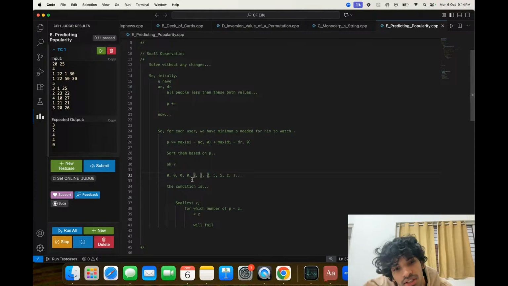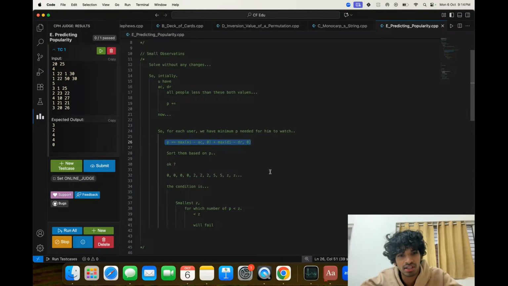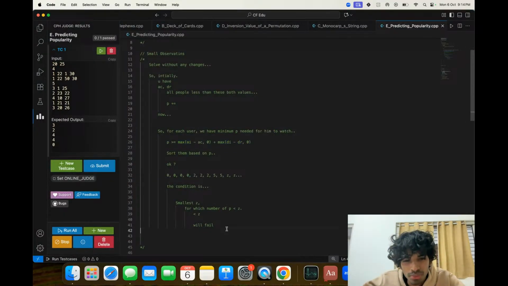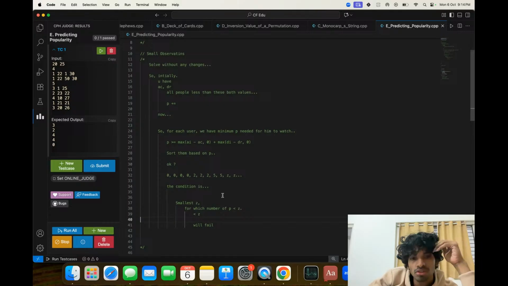Some P will be gone and then a new P will come. Okay, that's what this is. This is just nothing but some P will be gone and a new P will come. And some P goes and new P comes, and still you should be able to find the smallest Z such that it is less than or equal to these many. So frequency of something changes.